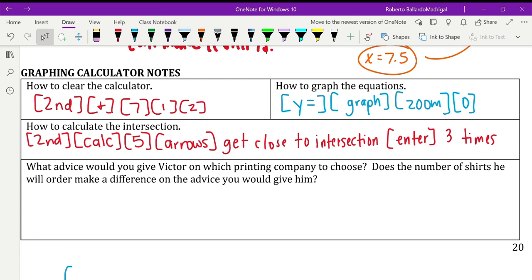Call me over. So yeah, 7x plus 15 and 5x plus 30.